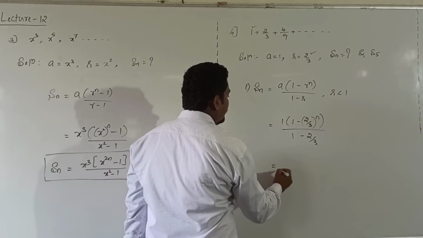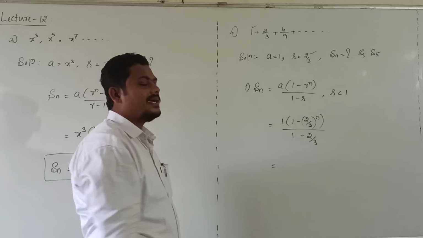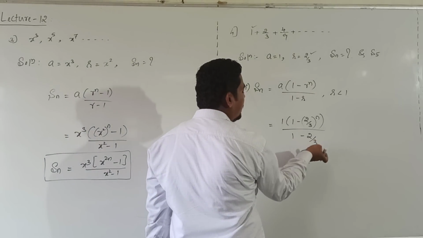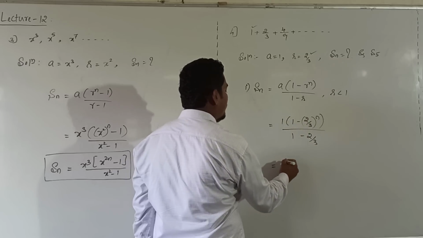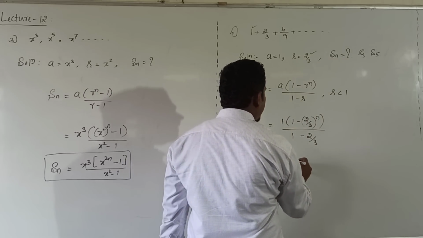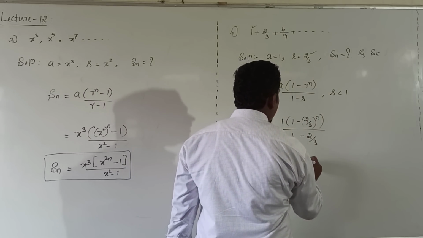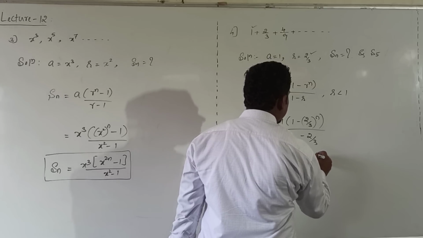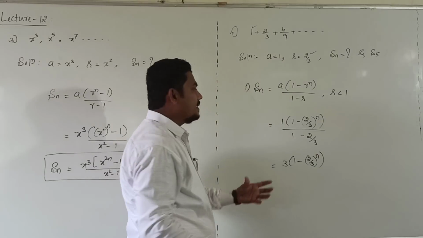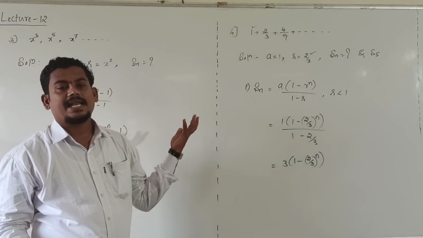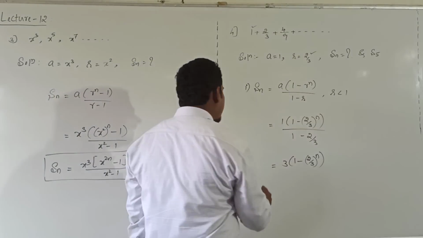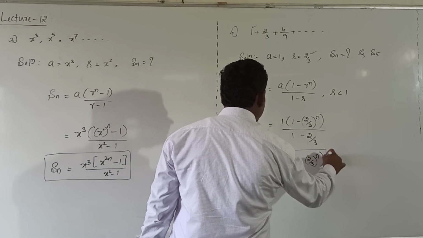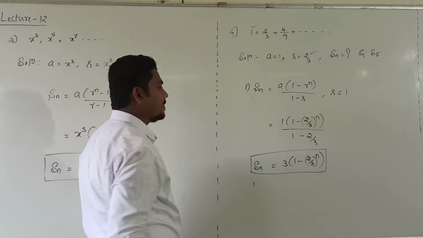Just taking LCM, the denominator becomes 3 minus 2 divided by 3, and the denominator of the denominator becomes the numerator. 3 into 1 minus 2 divided by 3 whole thing power n. This is the sum of first n terms. After that we need S5, the sum of first 5 terms.